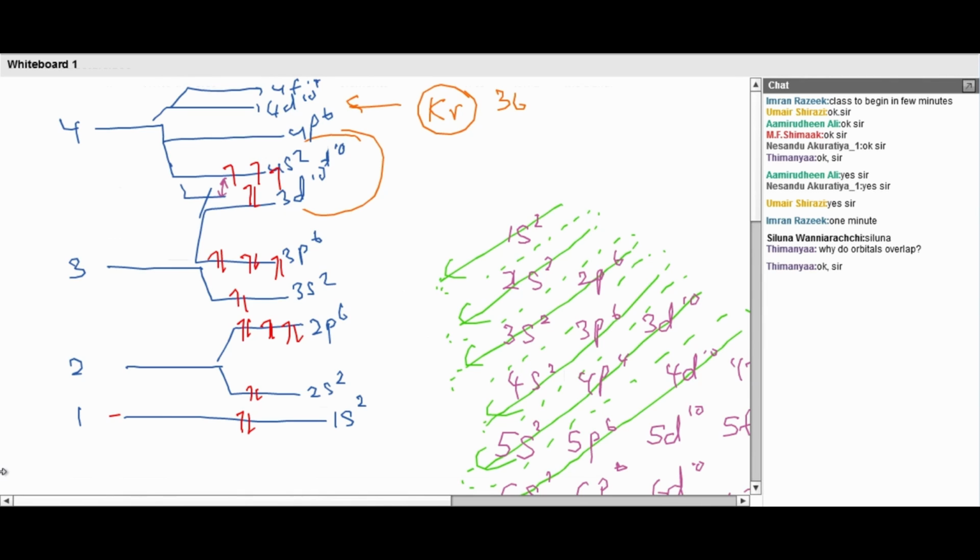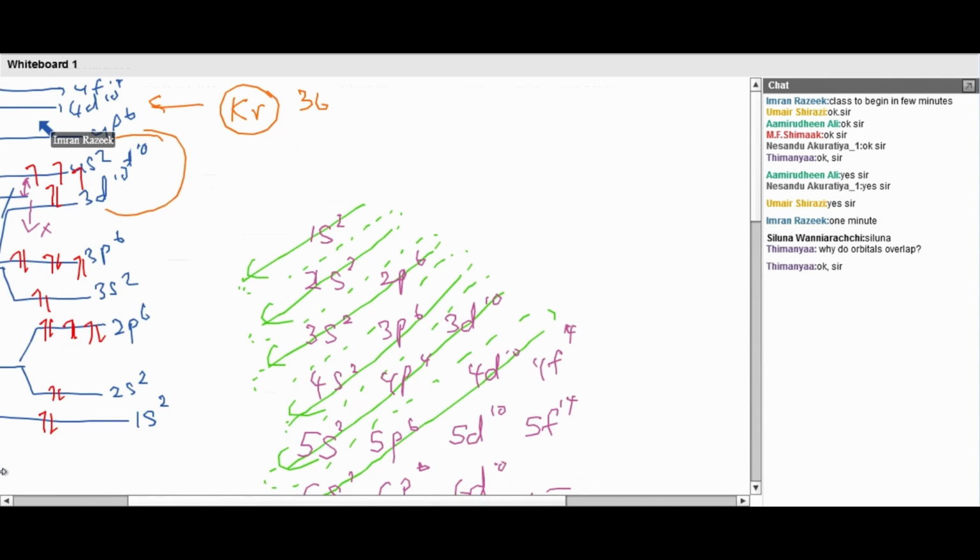So as a result of this repulsion, the 4s level cannot come down because below you have the 3d which is completely filled. So because of this repulsion, why do they repel in the first place? Because whenever the overlapping takes place, the orbitals are almost next to each other.